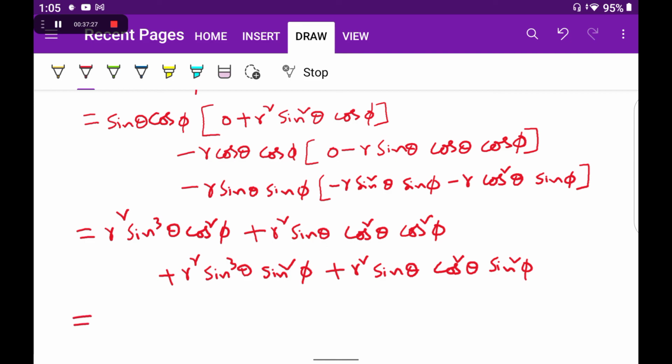Now you take the first term and this term, r square sin cube theta common.